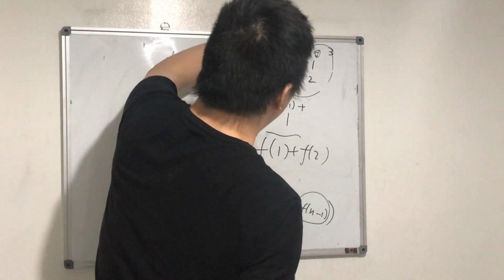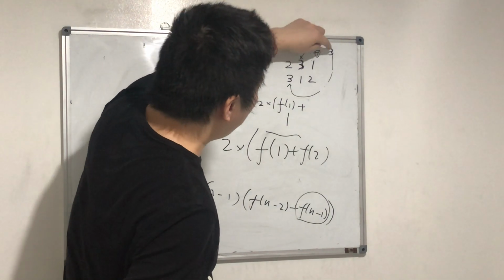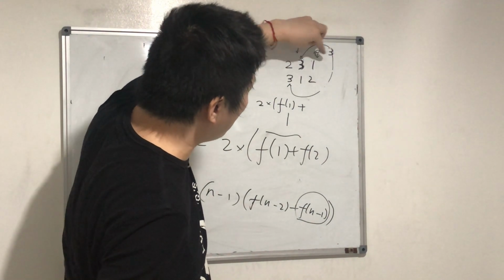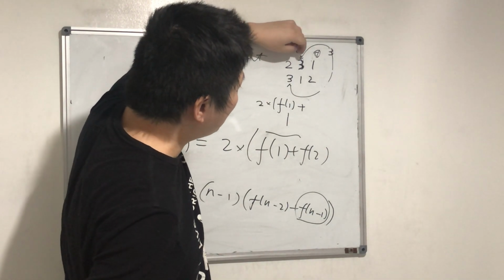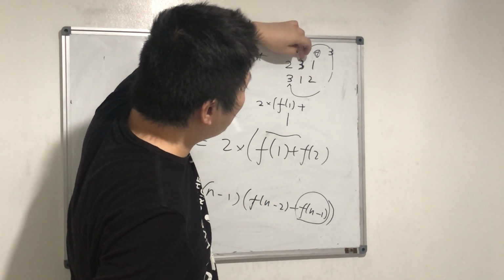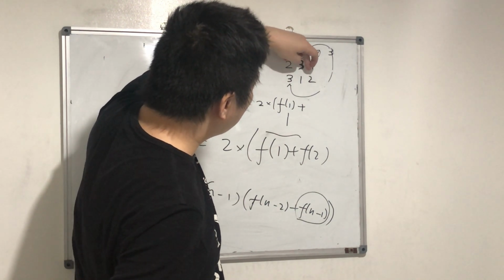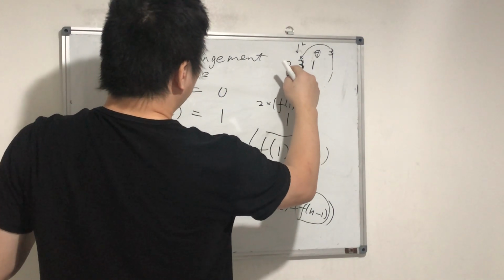Because look, if these 2 don't go into the last position, I pick a 3 here, right? I want to put 3. I choose any number of the first n, for example, the number 2. If 2 goes from the last one, then we don't have a solution because look, 3, 2, and then the first one is 1.